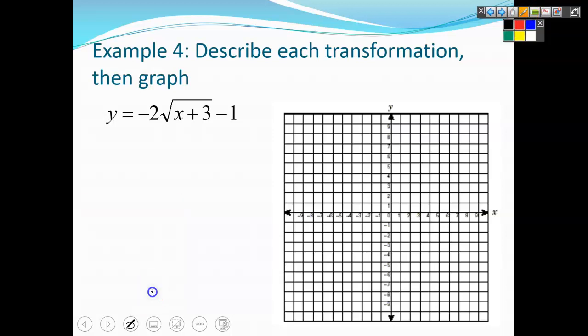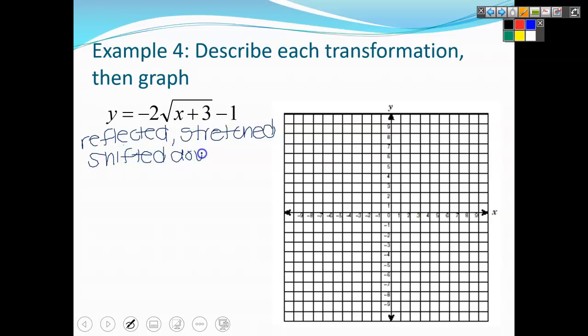So it is reflected. Stretch. Shifted down 1 and left 3.